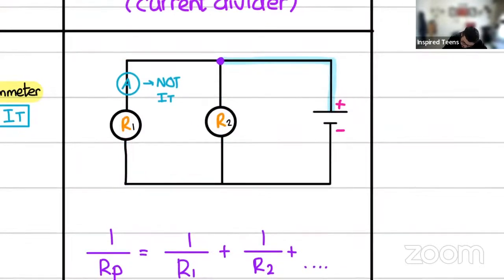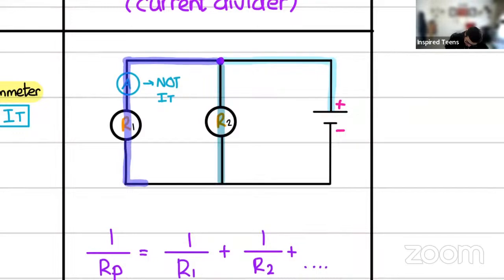So the current would go down, and the current would also go left.